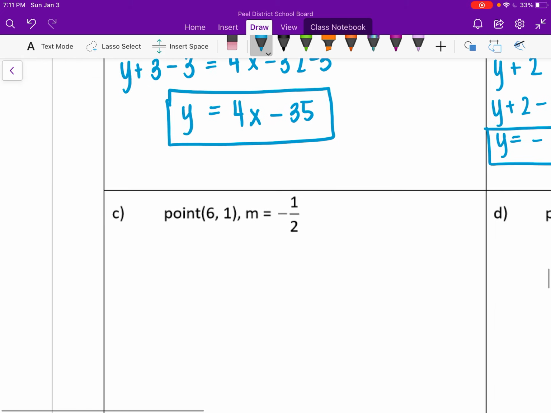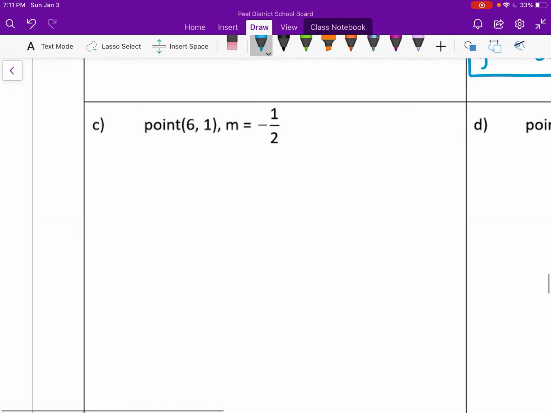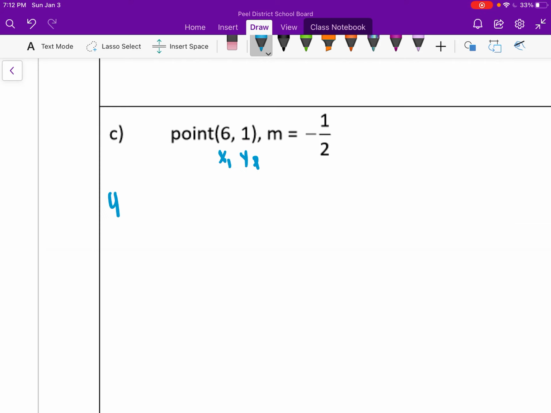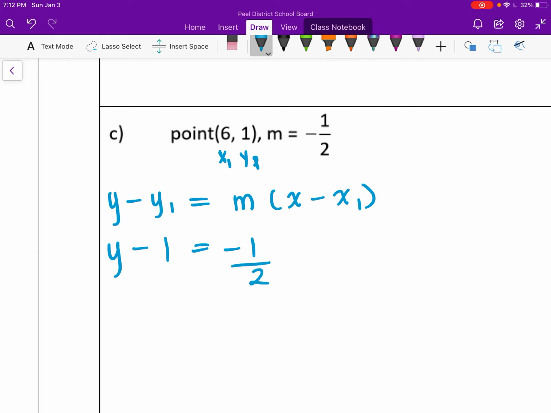Okay, going to move on. Again, this is going to be my x1, y1. This is my m. Just going to plug it into that equation. Right, so I'm going to do y minus 1 equals negative 1 over 2 times x minus 6.